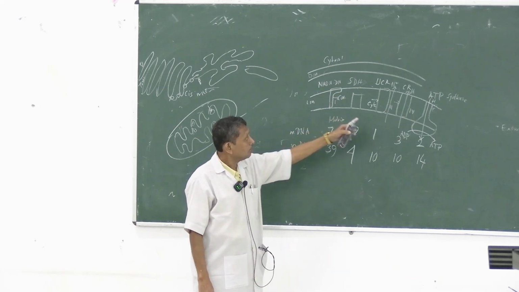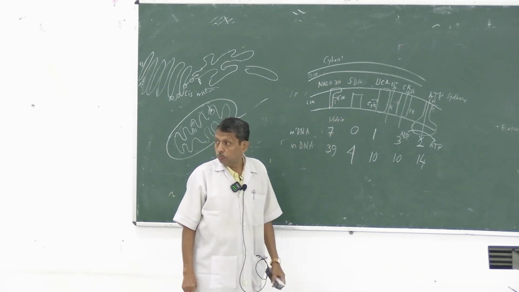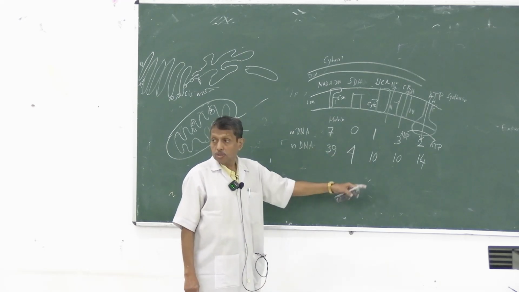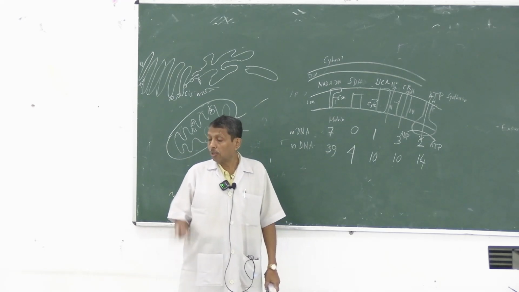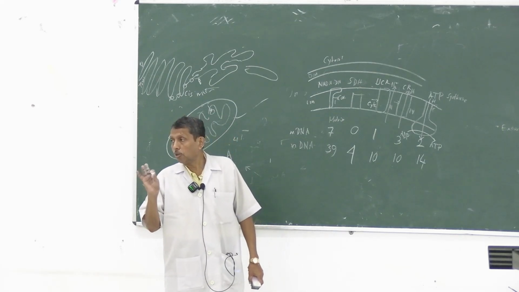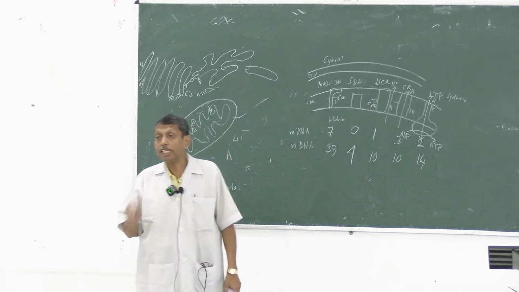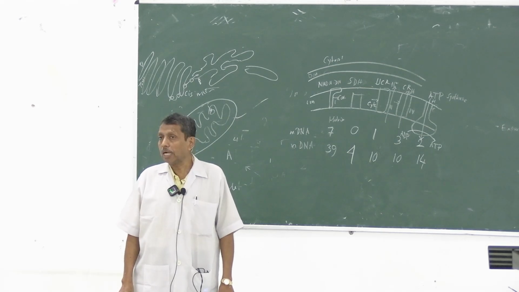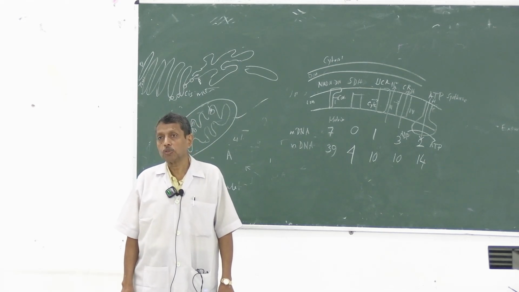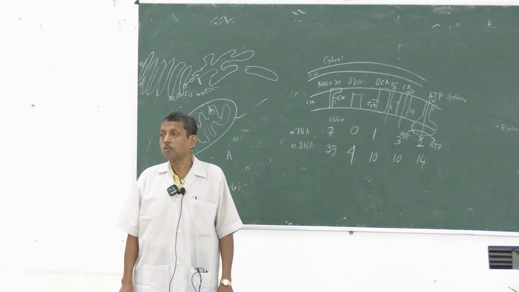Somewhere it is 4, somewhere it is 2. And there are calculations of how much ATP can be produced from a glucose molecule by aerobic oxidation. In older texts, 38 ATPs are produced by a glucose molecule when it is completely broken down.